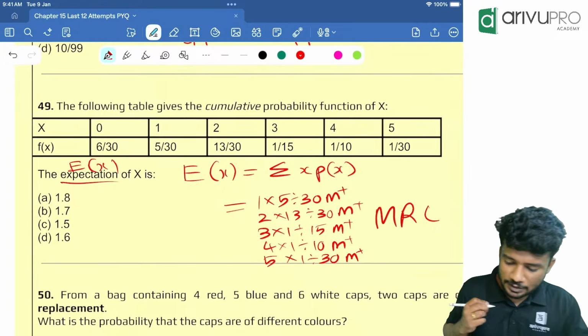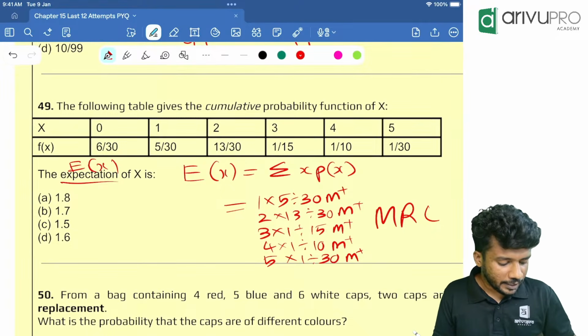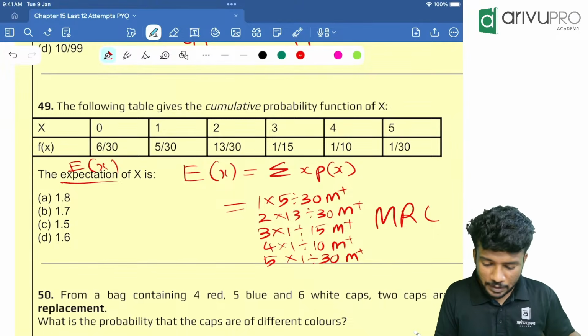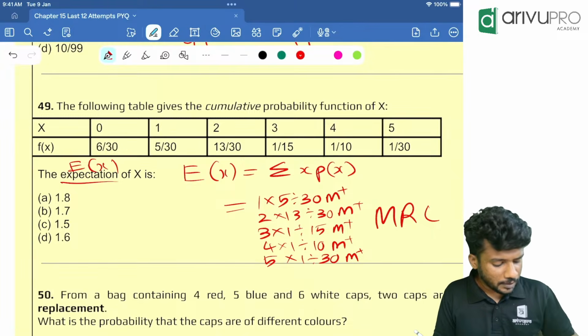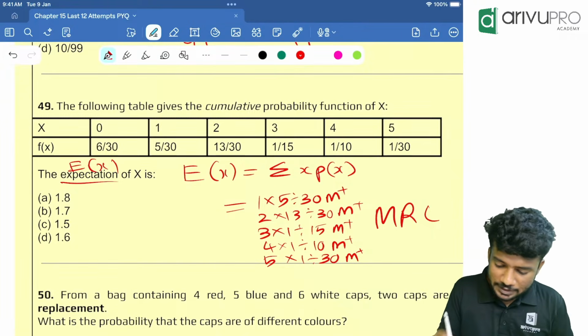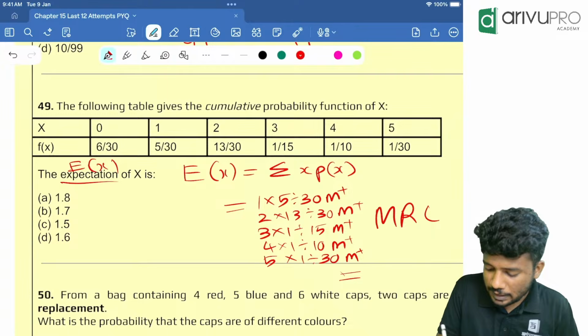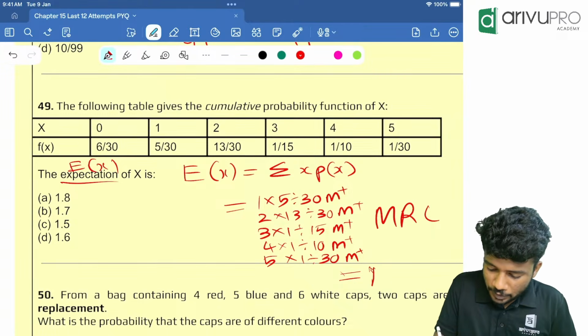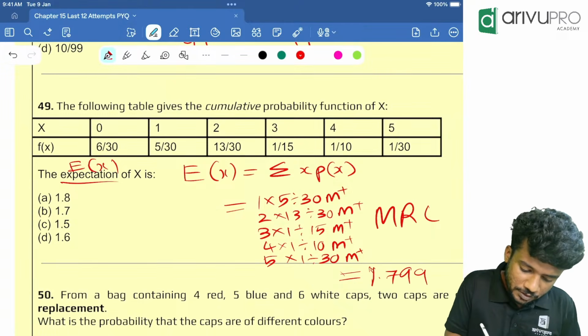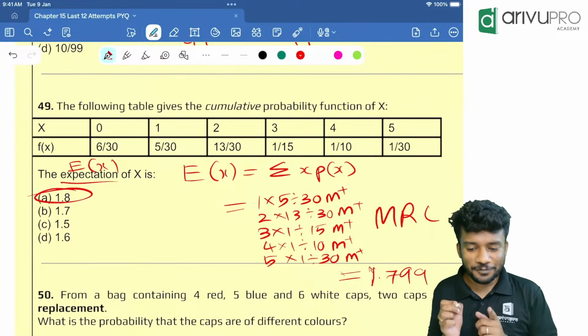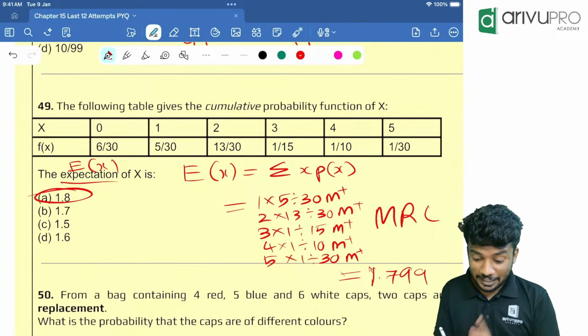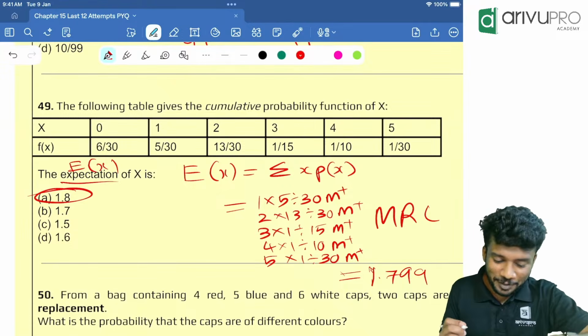Take the calculator, clear the memory, and enter the same. You get 1.7999. Option A is your answer. Don't go for option B. The nearest answer is 1.8, not 1.7.